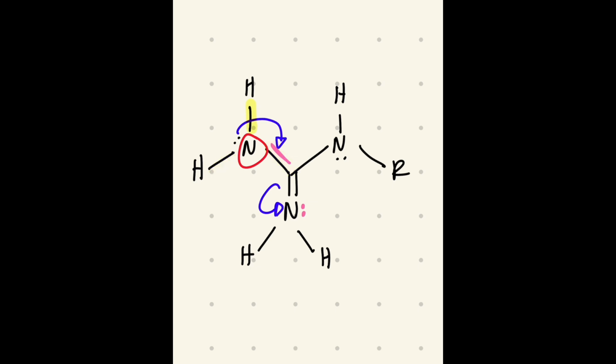Let me do that again. Because of the resonance, these lone pairs here don't exist anymore. So we count 1, 2, 3. And 3 minus 1 equals 2, or sp2. So that's the correct answer, because resonance takes priority.